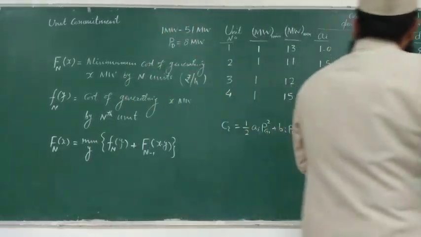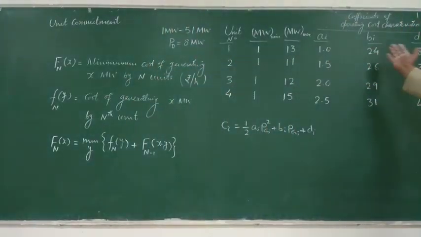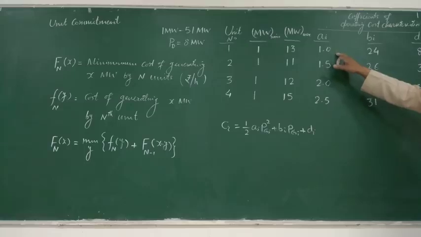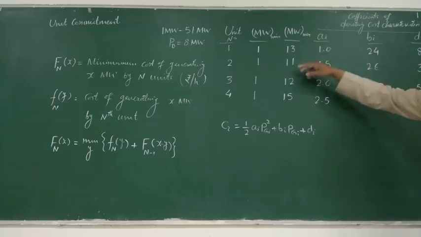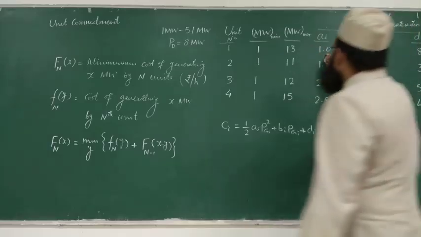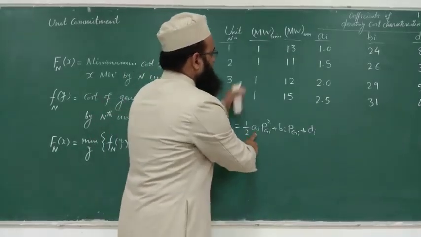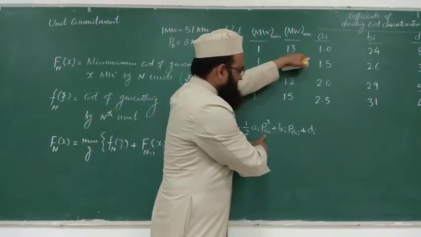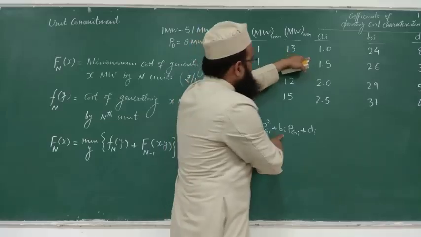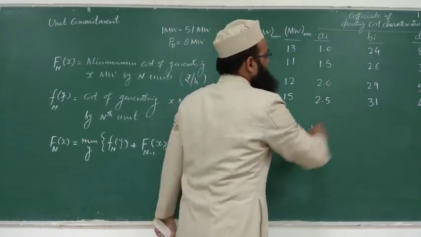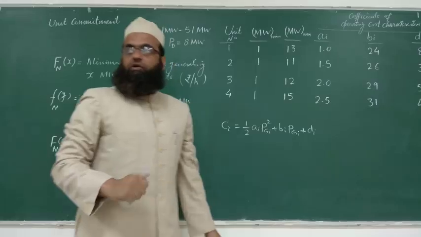Okay, just observing the parameters of the units, you can say that this one looks more efficient, is it not? Minimum A1 and B1. So A1 is 1 here. So for C1 you will write half into 1 into PG1 square, right? Plus B1 is 24, PG1, plus D1 is 8, is it not?